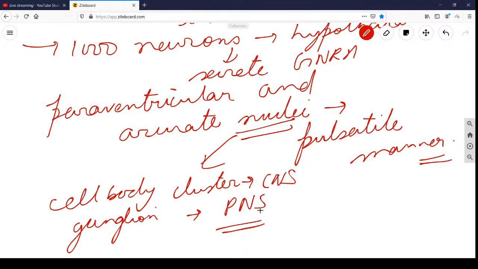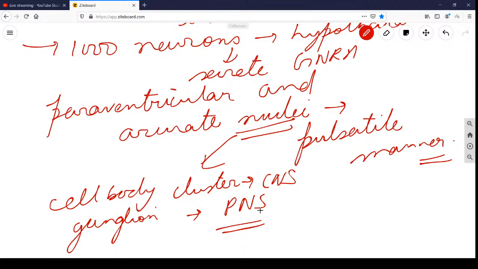So there are more than 200 types of neurons present. All are neurons, but there are various types. We have pyramidal neurons, we have non-pyramidal neurons. So there are various kinds of nuclei, and each nucleus secretes specific neurotransmitters also.